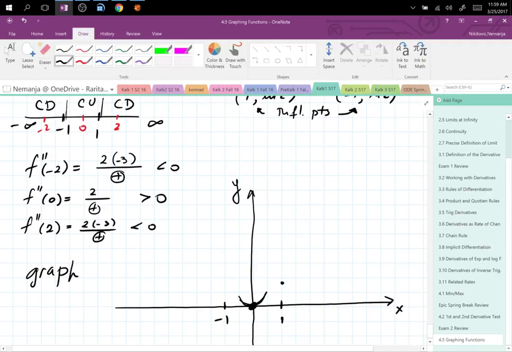So we're going to do this. Now it's going to go forever, so you don't have an asymptote, right?